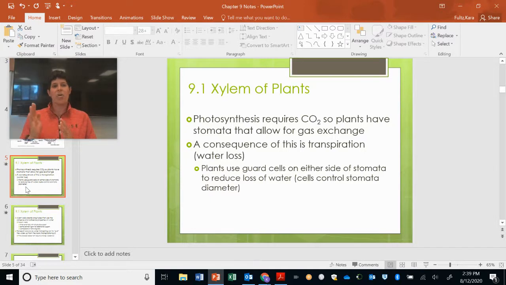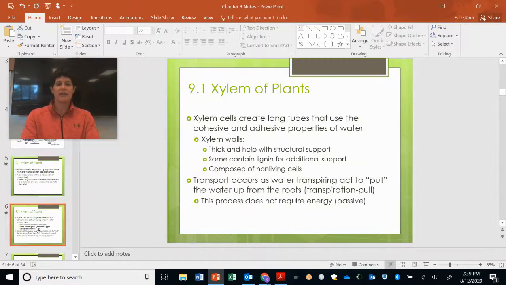So the water and the xylem are attracted to each other, and water is also attracted to itself. So when the plant loses water through transpiration, which happens in the leaves, it pulls up on that water molecule. It's called the transpiration pull effect. You'll see it talks about that quite a bit in our book, and it's right here on this slide in your notes. So as the water leaves, the water gets picked up.